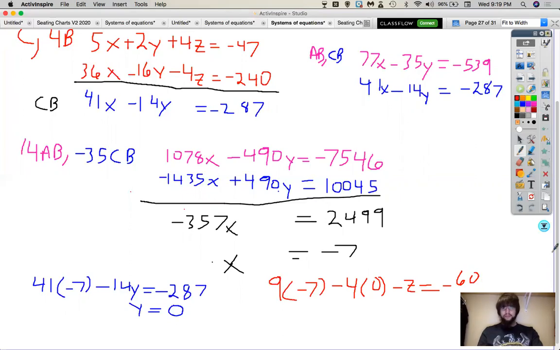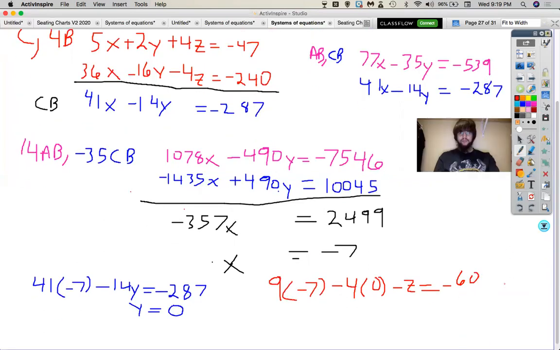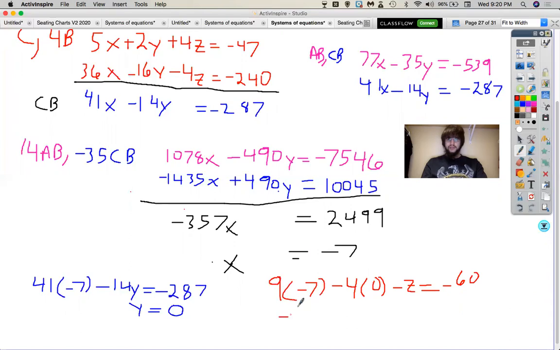Okay, that's 3. You calculate. Do it by hand. That's negative 63. Oh, it's negative 3. Minus nothing minus z equals negative 60. And add 63 to both sides. 0 is just out of there. Negative z is negative 60 plus 63.